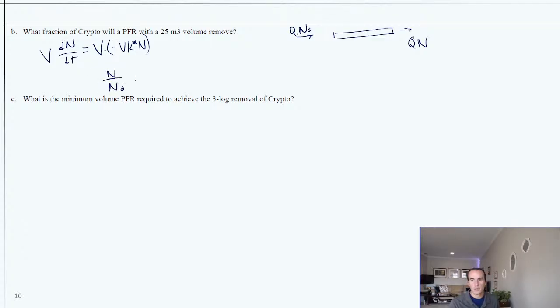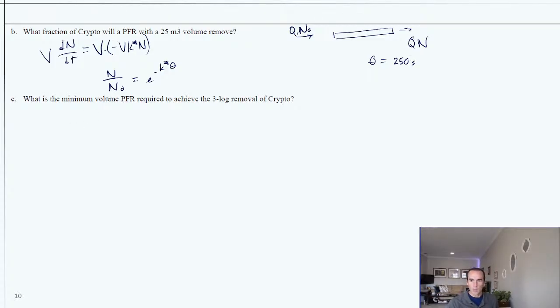N over N naught should come out to be e to the minus K star, and instead of time, we're going to put theta, right? Theta is going to be the same because the volume is the same here, the flow rate is the same, so this is still 250 seconds.